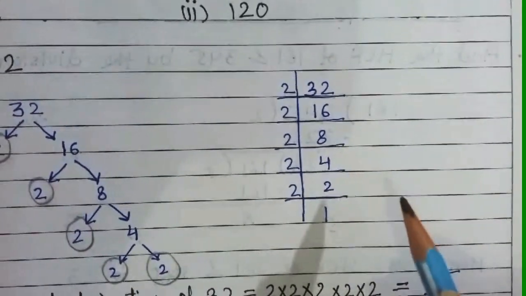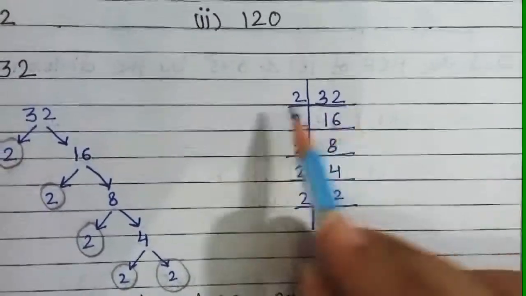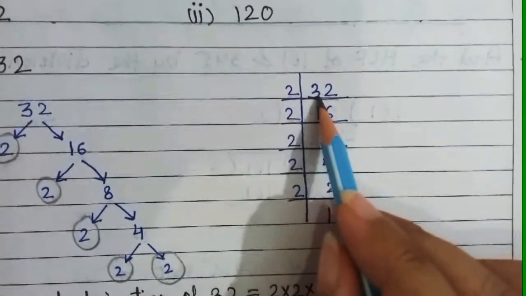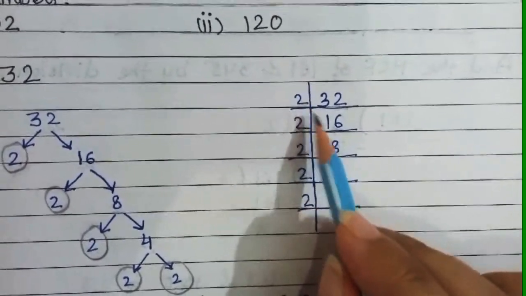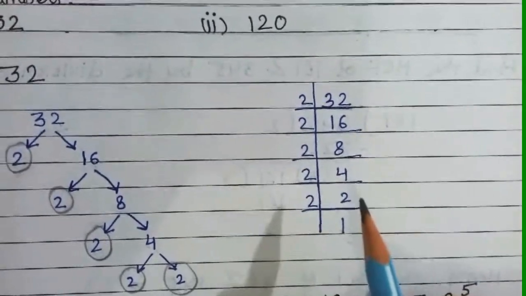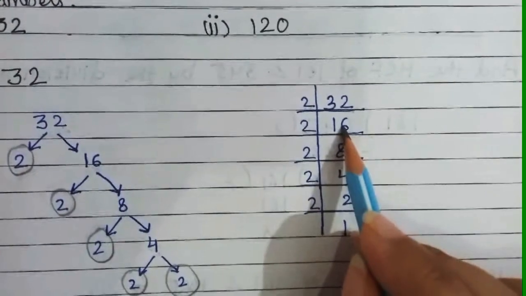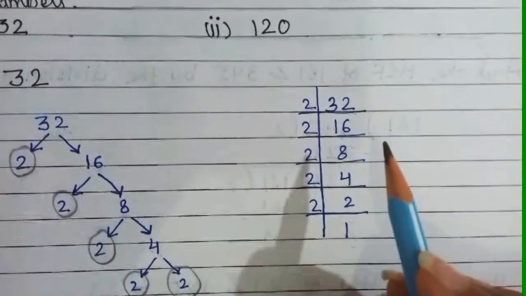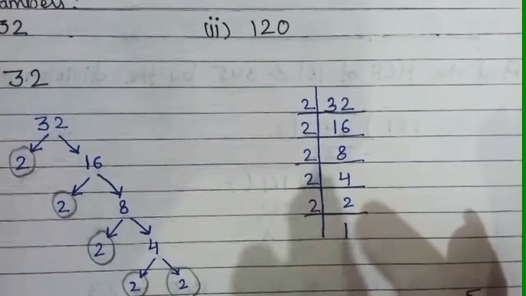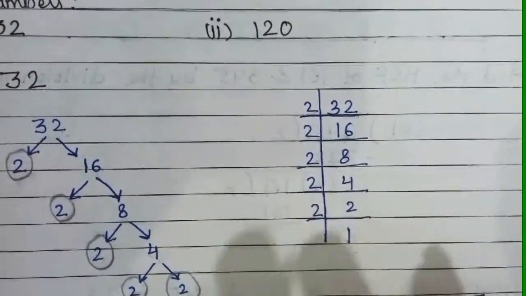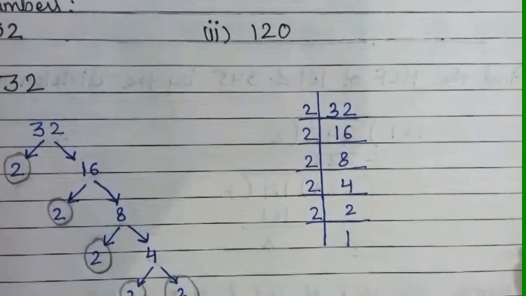Now by the dividing method. First we divide the number by the smallest prime number which divides 32 exactly. So the smallest prime number is 2. Here 2 16s are 32. Right? Next we divide the quotient again by the smallest prime number. If it is not exactly divisible by the smallest prime number, then we divide the number by the next smallest prime number.